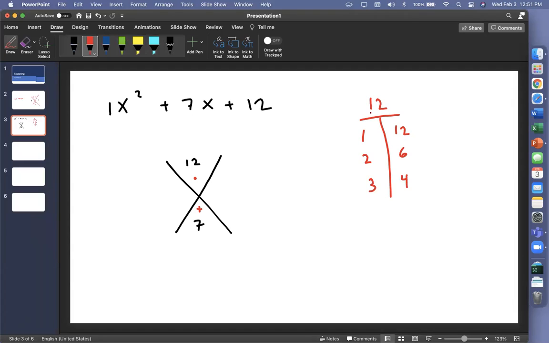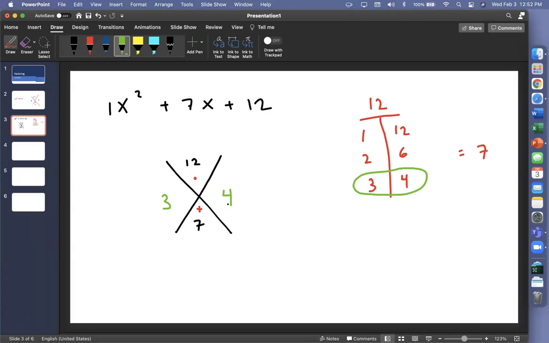So now we're looking at which one of these numbers equals 7 when you add them together. 1 plus 12 is 13. 2 plus 6 is 8. 3 plus 4 is 7.